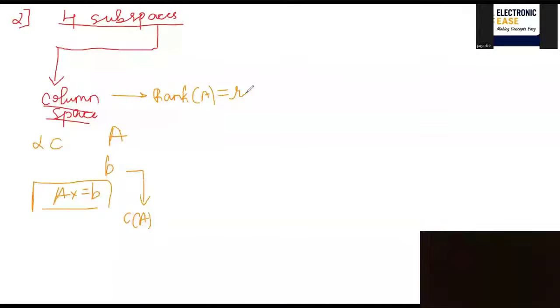Understood column space. The second one will be the null space. Totally four are there. Dimension and all I will discuss later. So null space, write down. What is the meaning of null space, children?